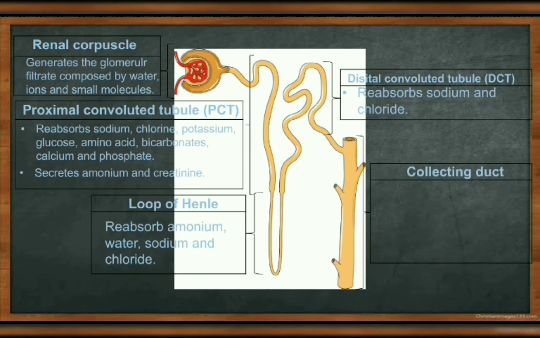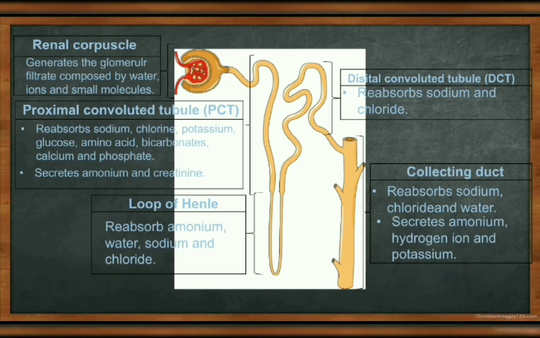In the collecting duct there is some reabsorption of sodium chloride and water, and the ADH hormone, that you already know. Otherwise the function is the same as what I told earlier. This one is a little bit difficult, but in higher classes you will have to learn it, while the previous one will be easy.